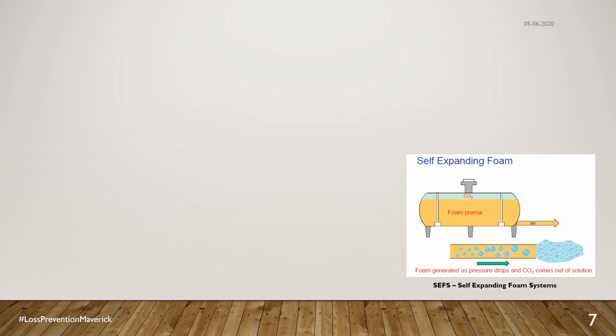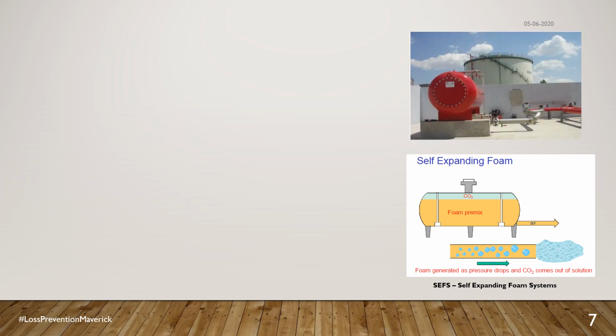As it comes out, the CO2 or any other inert gas flashes, and this flashing aspirates, so it picks up air, and then foam bubbles or finished foam is formed. This is a typical structure, a pressurized container and then the related pipe work.